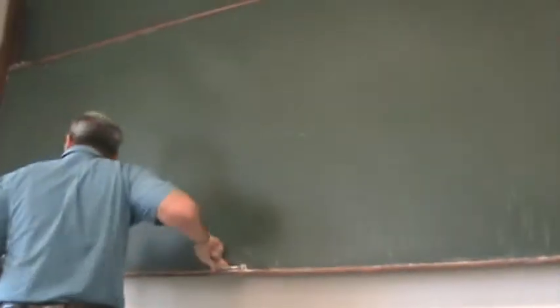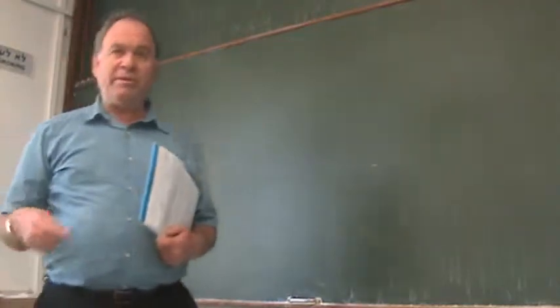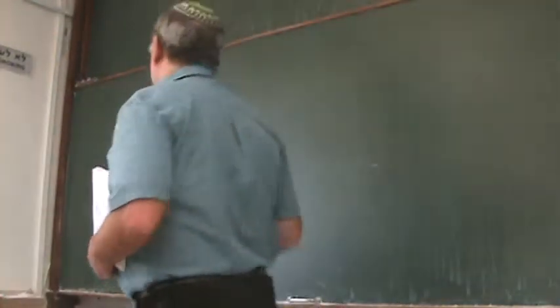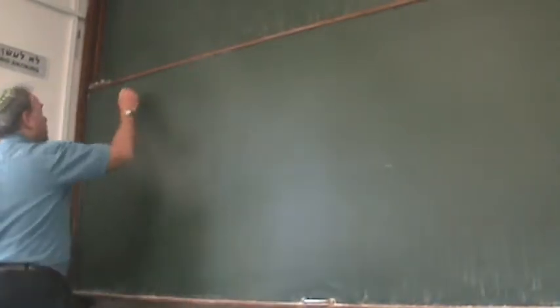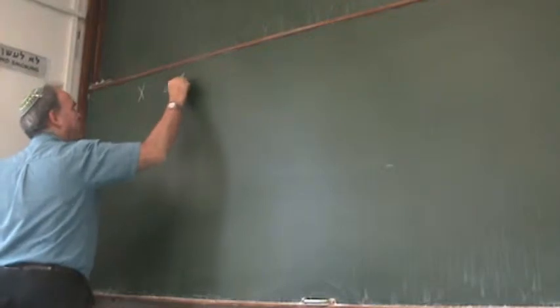So last time we saw the connection between expansion properties of a graph and its spectral geometry, or its eigenvalues. So let's just set again the notation. X, a finite graph.